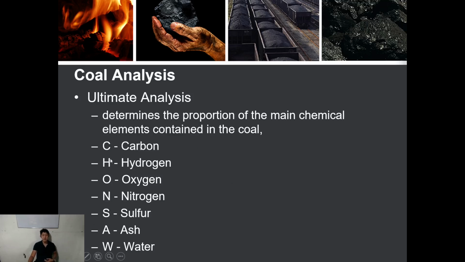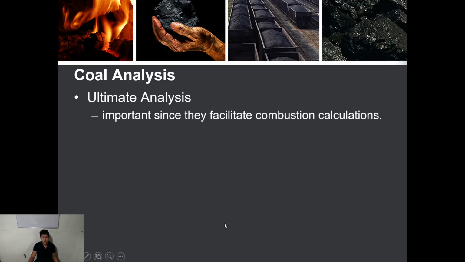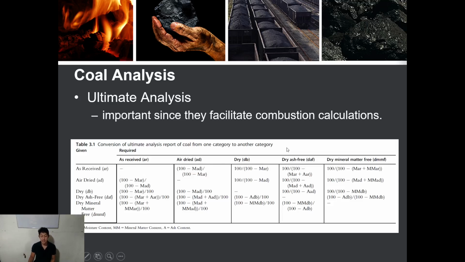You have the acronym CHONSA: carbon, hydrogen, oxygen, nitrogen, sulfur, ash, and water. The ultimate analysis is used in combustion calculations, wherein you can get the air-fuel ratio and the mass of the flue gases.